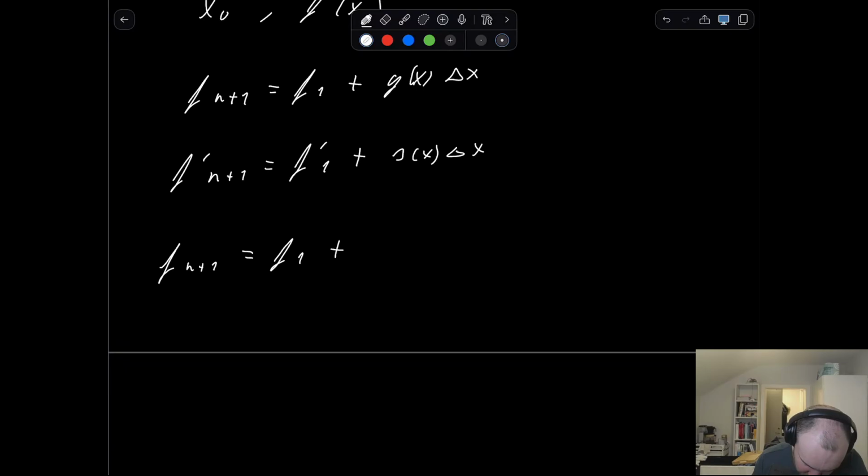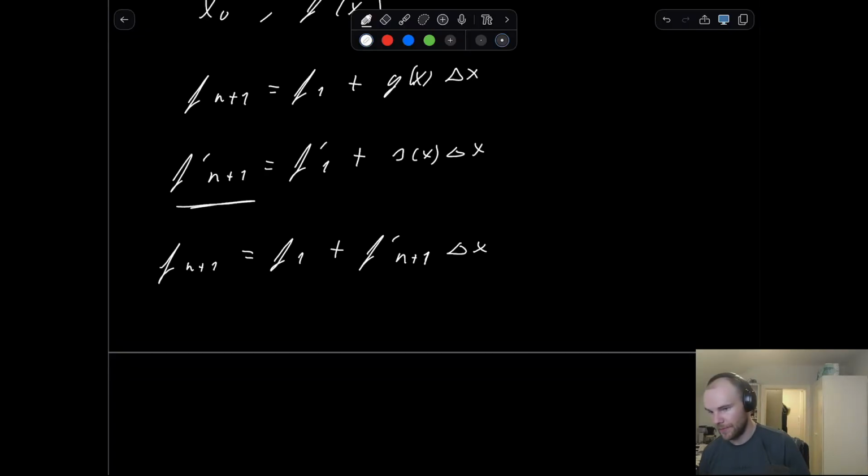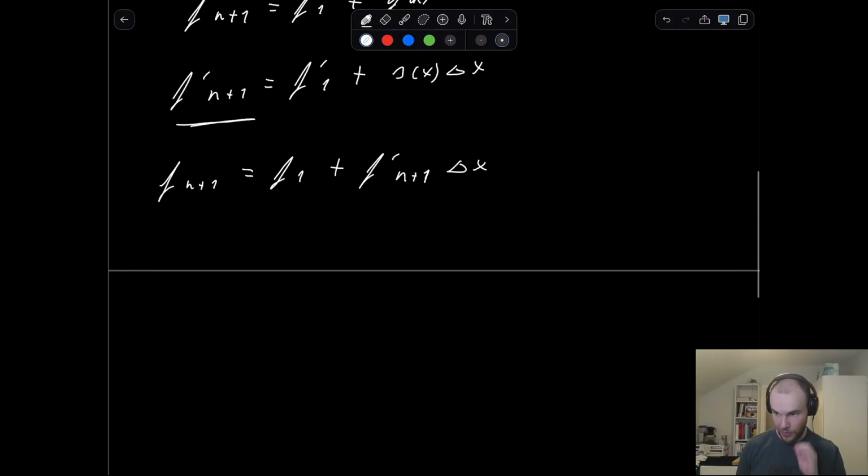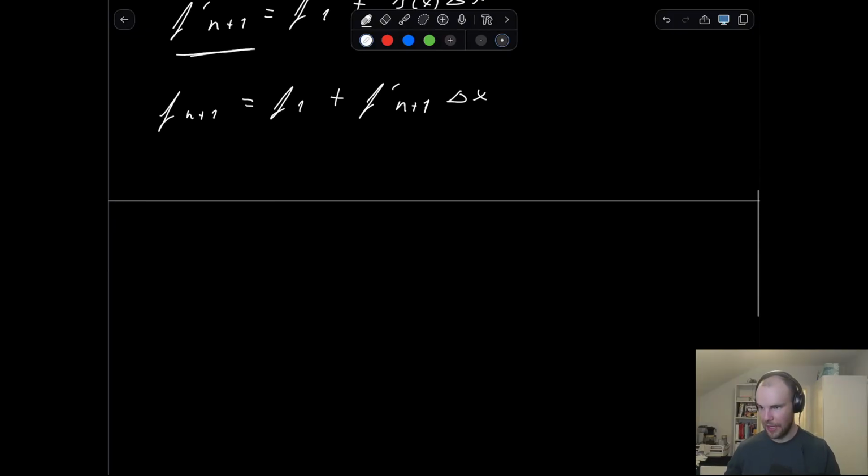So instead of using the old f derivative of n, you actually use the value we got here, f derivative of n plus 1, and you multiply that by a small step size. That's it. That's the Euler-Cromer method. If you do this, you solve that differential equation. Pretty simple. We've done this a lot of times in programming, actually. Okay, perfect. So now we have the math.